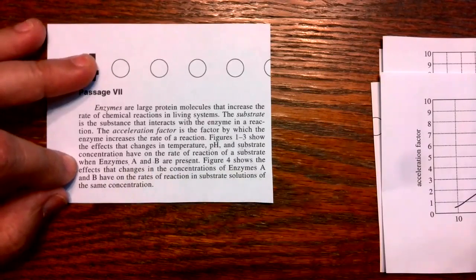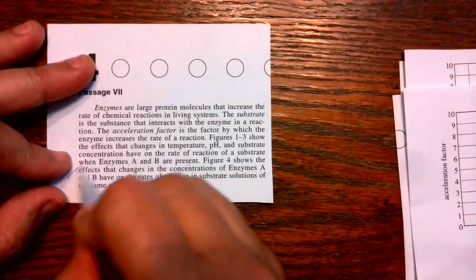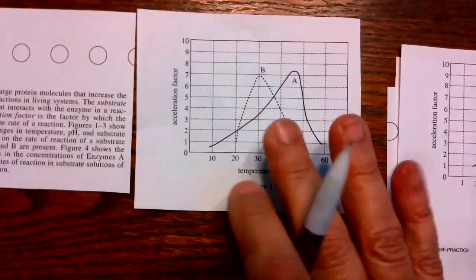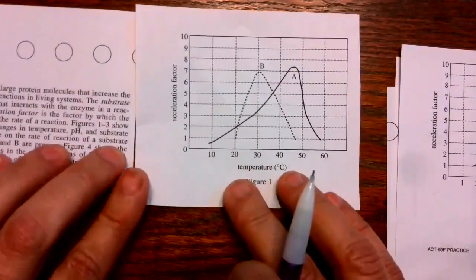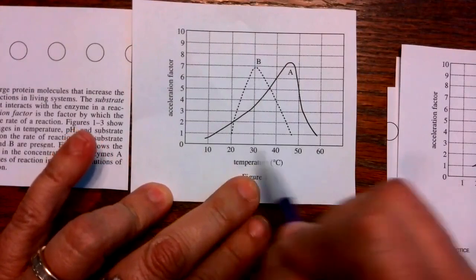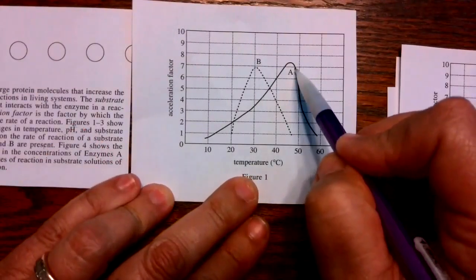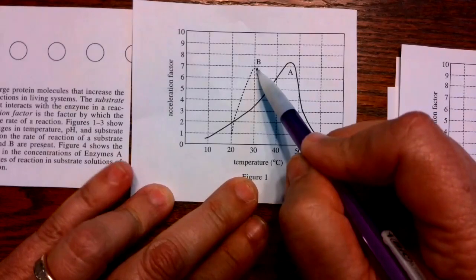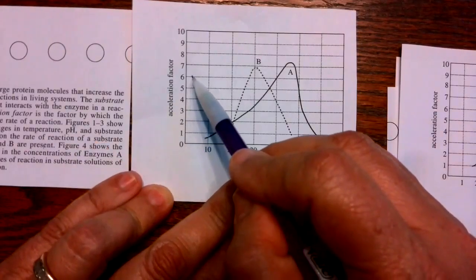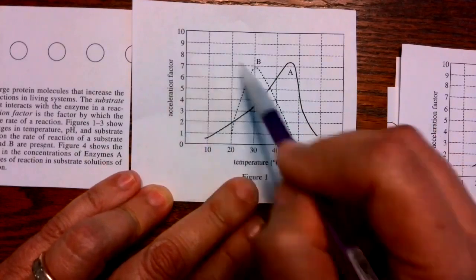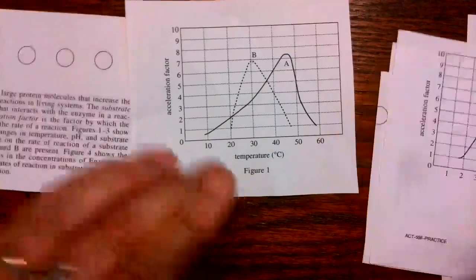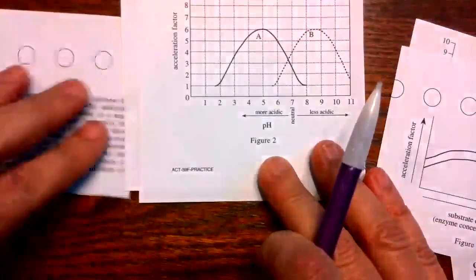Figure 4, okay, so let's look at those real quick. Okay, so this first one is, as the temperature changes, this is enzyme A, this is enzyme B. This tells us how much the reaction changes. Okay, this is figure 2, it's pH.